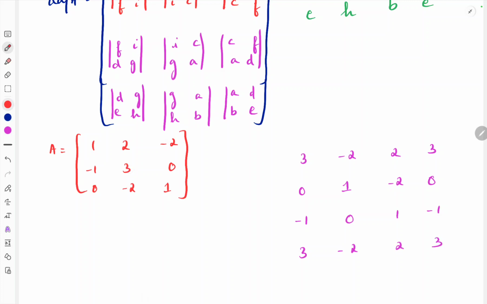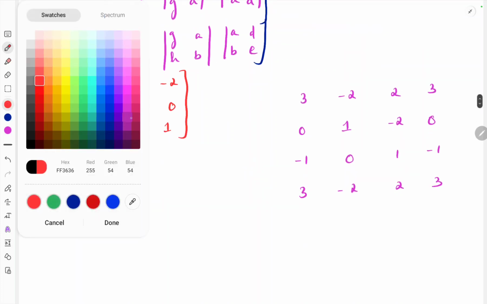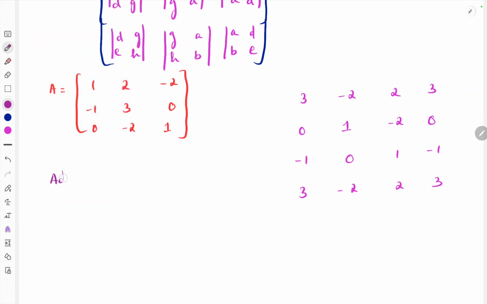So now directly we can find the adjoint of A. So adjoint of A will be equal to this determinant 3 minus of 0. 0 into minus 2 is 0 only. So it will be just 3. Next this determinant minus 2 into 2. So it is 4. So 4 minus 2. Next this determinant 2 into 0 is 0. So 0 minus of 3 2s is minus 6.